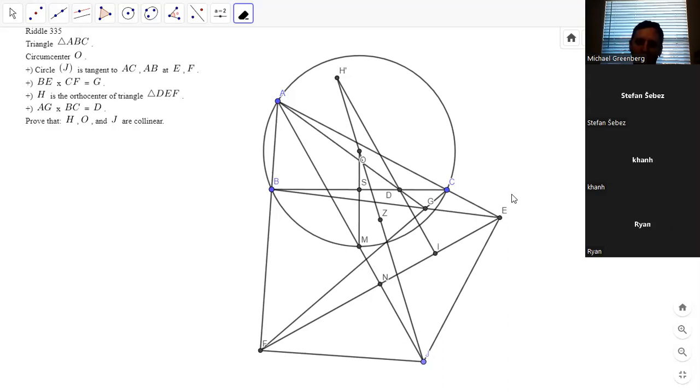So NM times MA is the power of N. Maybe we could even show NB squared minus NC squared is ZB squared minus ZC squared. Not sure.